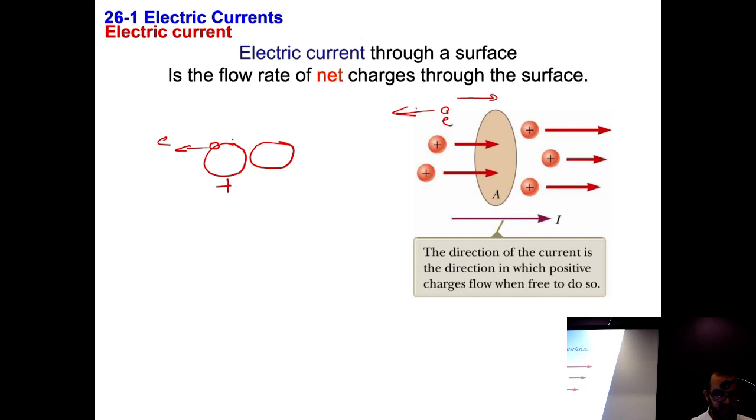And so it is as if we have a flow of positive charges, when in reality it's not a flow of charge, it's the empty hole moving from one atom to the next. I just want to clarify this so you don't get confused. In reality, the charges that are flowing are free electrons, conduction electrons. This is just an aside.